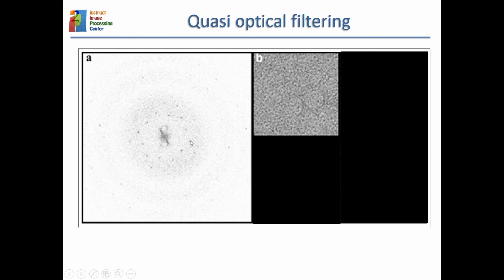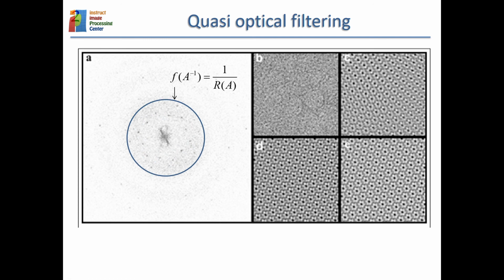Here it is displayed as we need energy from these black points. Now you can define your filter just to isolate the points, which in crystallography are called reflections. So just to isolate the reflections that you are interested in, and then you do the inverse Fourier transform.